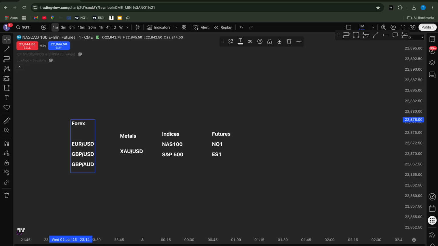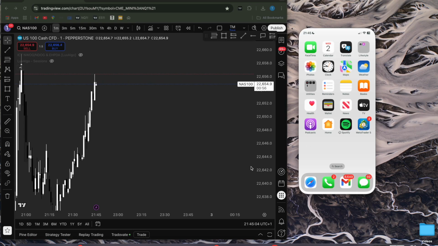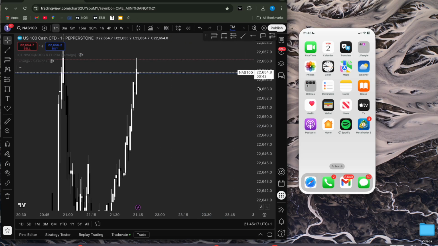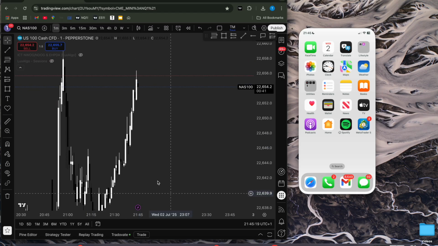trade on MetaTrader 5. Alright, so I've got it on the screen for you now. We're on NAS 100. This is how you execute on MetaTrader 5. I've got my phone connected to my laptop here so you can see.